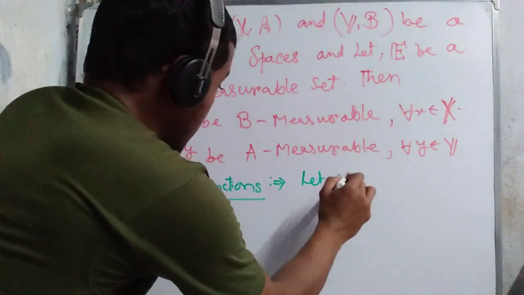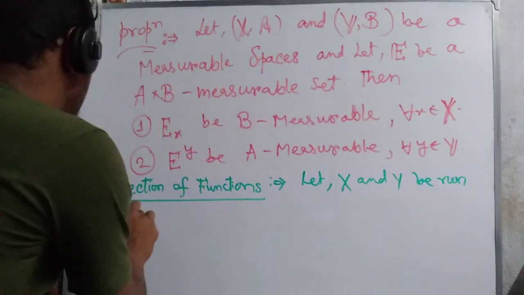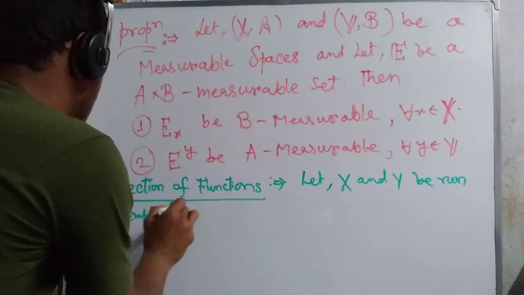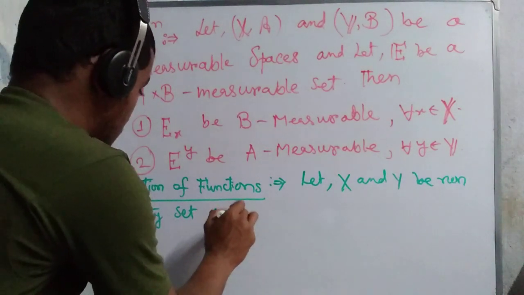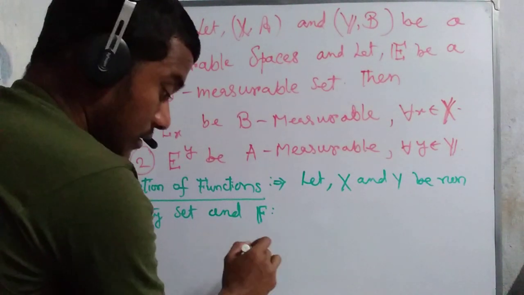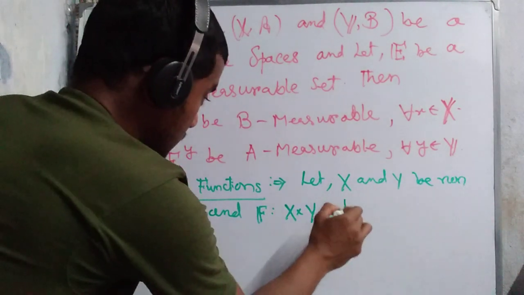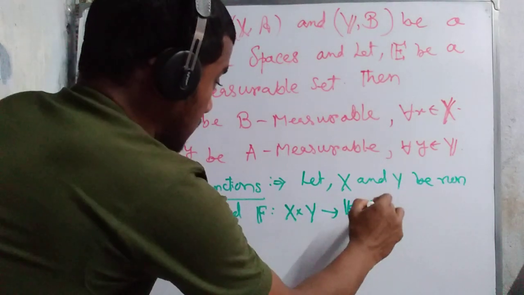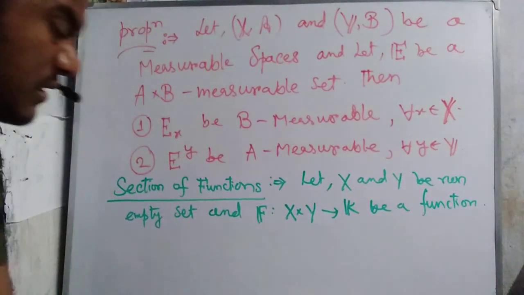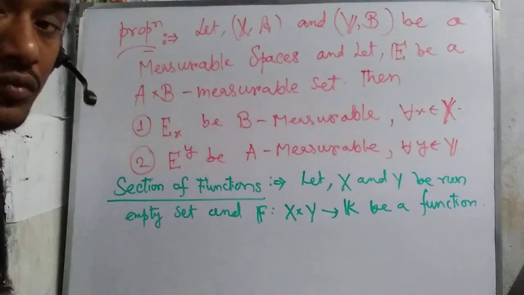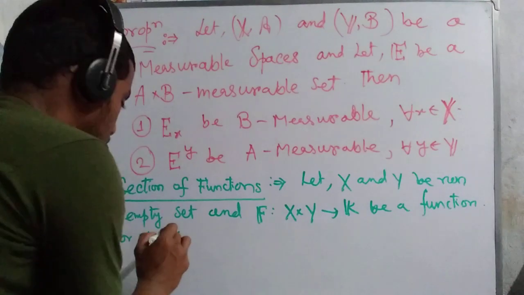Let X and Y be non-empty sets and let f, from the Cartesian product X times Y to K, be a function.